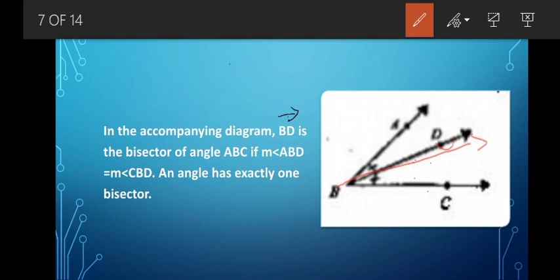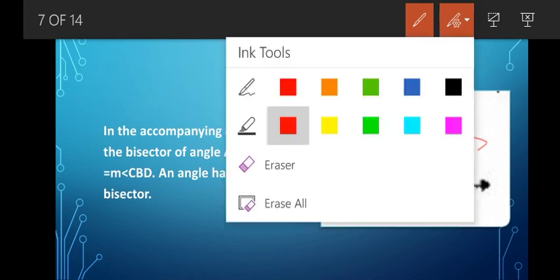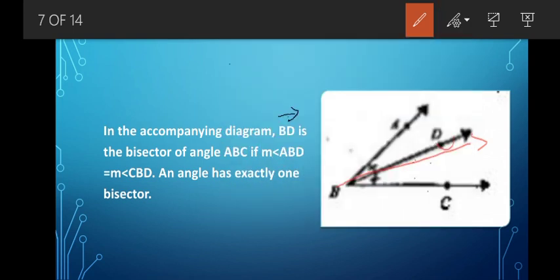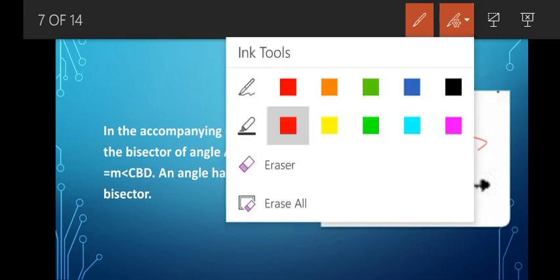So the measure of angle ABD and the measure of angle DBC are equal. So they are equal. The figure has only one bisector.